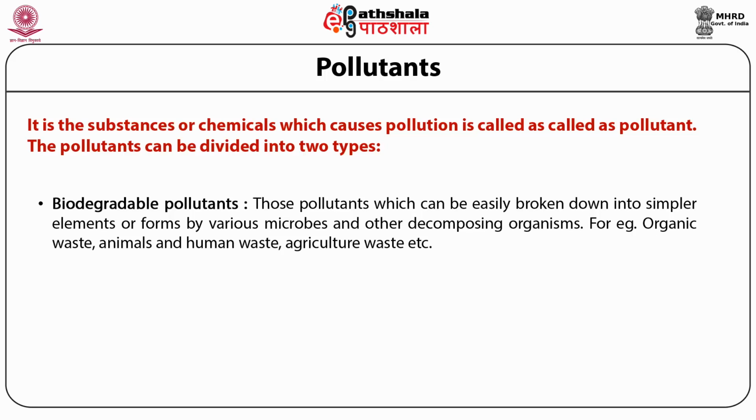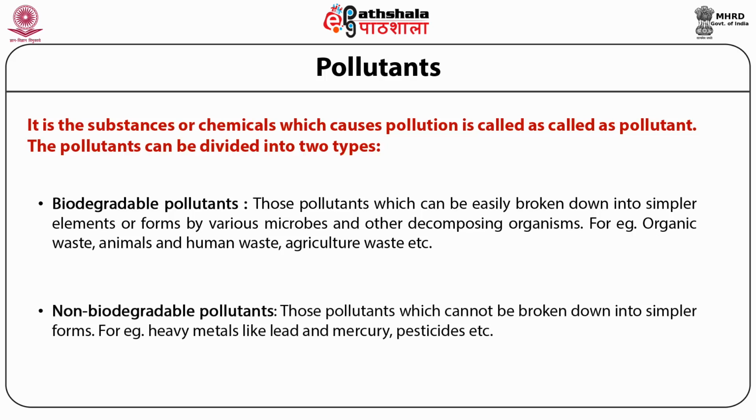The second type of pollutant is non-biodegradable pollutant. These are those pollutants which cannot be broken down into simpler forms. For example, heavy metals like lead and mercury. In addition to that, pesticide is also a non-biodegradable pollutant.